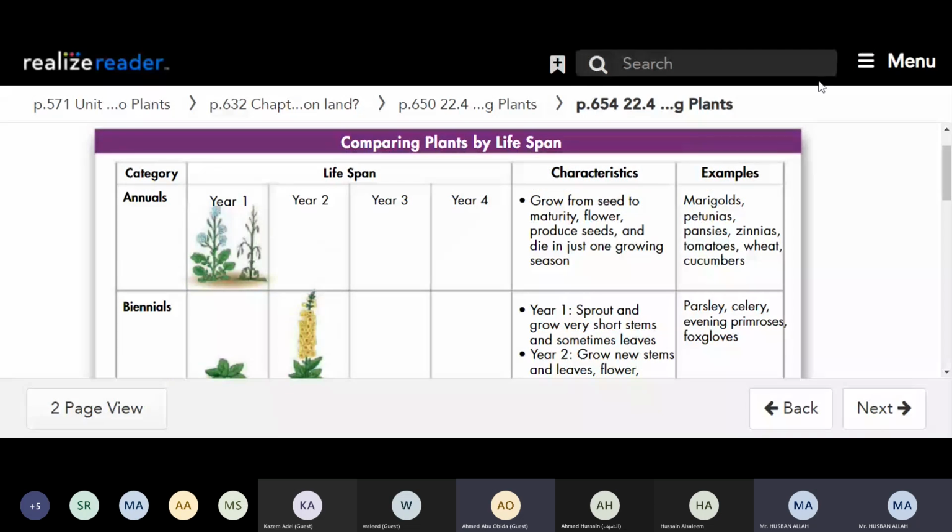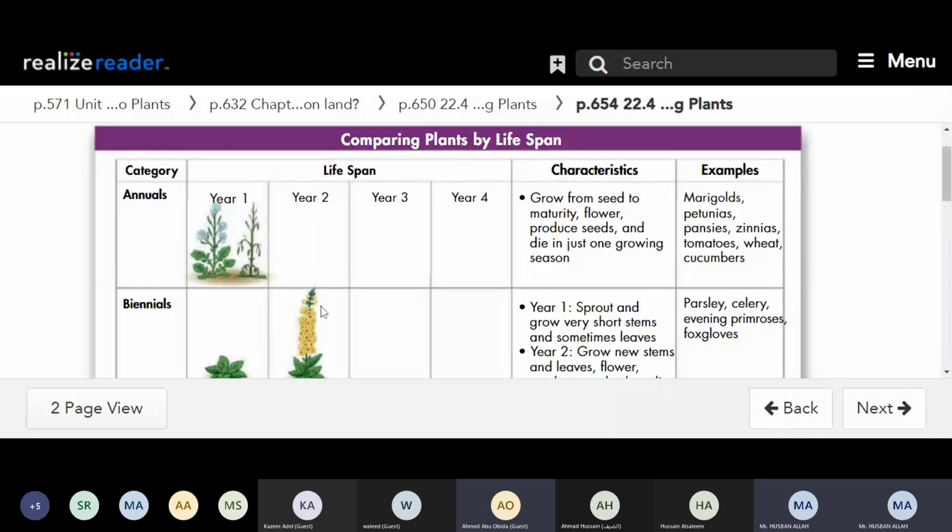If you look at the annual plants, they have a maximum age of 1 year. So they have just a 1 year lifespan: it will start life, it will mature, and it will die out. Characteristic: grow from seed to maturity, flowers produce, and in that year it will finish.